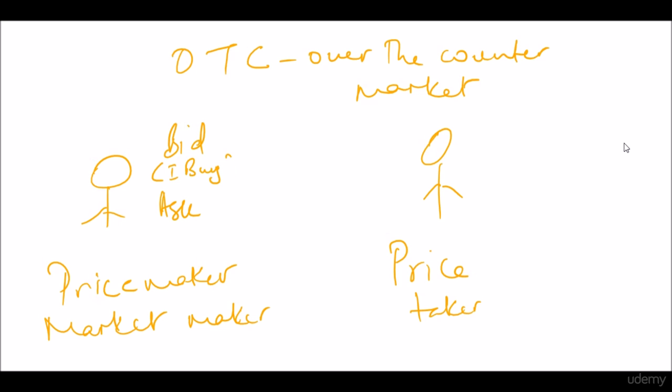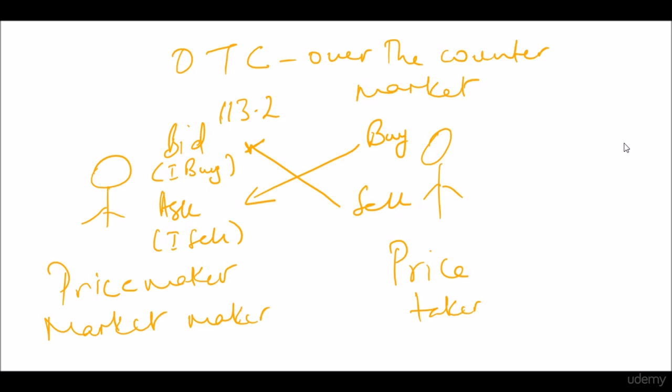So depending on the role of the trader, whether the trader is the market maker or the price taker, the bid could be the buy rate or the sell rate, and the ask could be the sell rate or the buy rate. The market maker buys at the bid and the price taker sells at the bid, and vice versa. The market maker sells at the ask and the price taker buys at the ask.